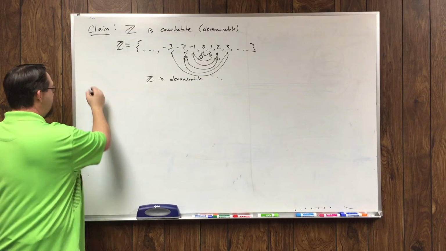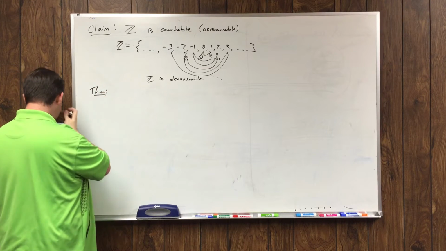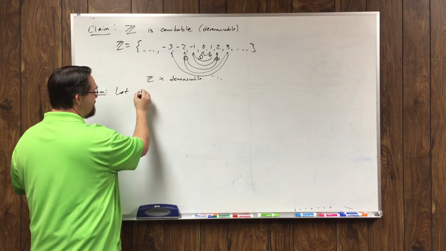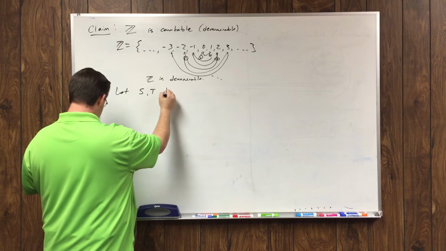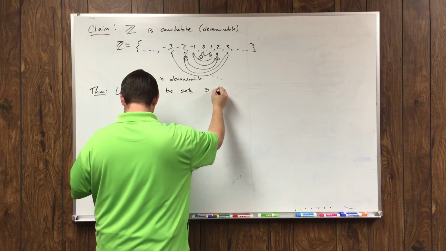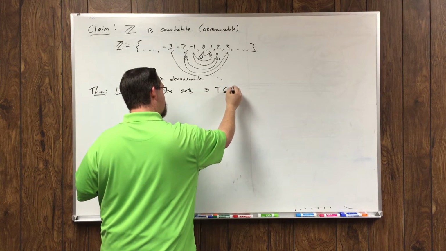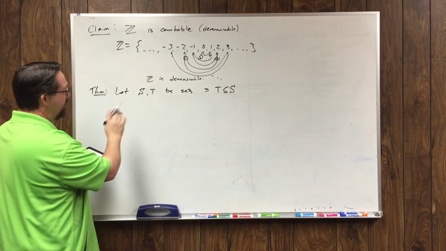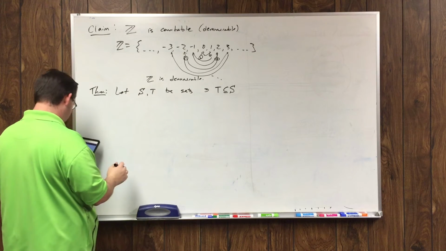Okay, there. Let's talk about some other sets and other relationships that involve countability. Let S and T be sets such that T is a subset of S. Remember, my serifs mean that that's a capital S, okay?